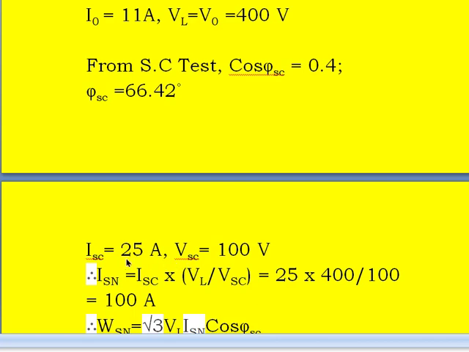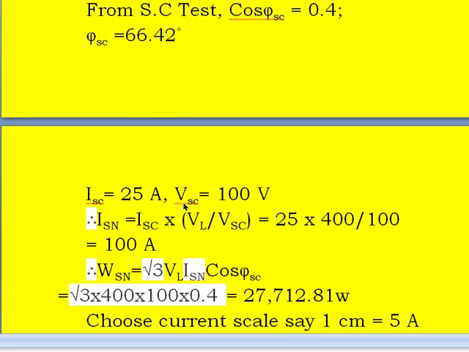And we know that in a short circuit test, when 100 volt supply is given, the short circuit current is 25 amperes.